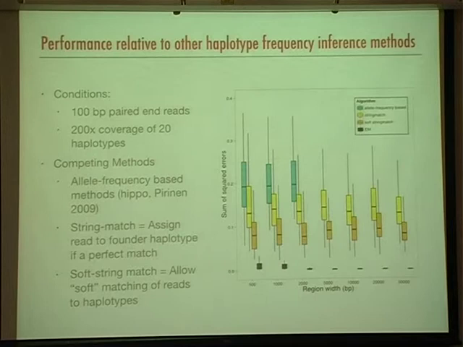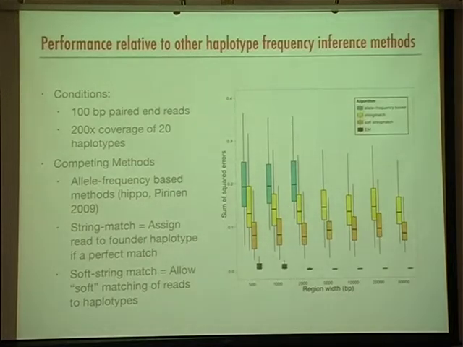And so this is the sum of squared errors, a measure of how distant our haplotype frequency estimates are from the underlying haplotype frequencies. We have true values. So we've simulated data where we know the underlying haplotype frequencies, and then generate sequencing reads with error, and then apply these different algorithms, compare our estimates to the truth, and see what the error rate is.